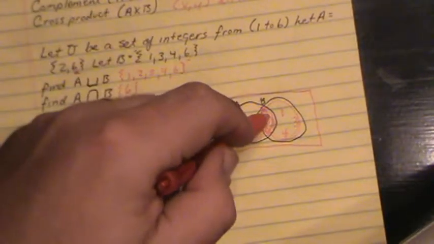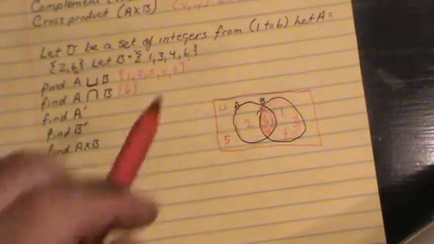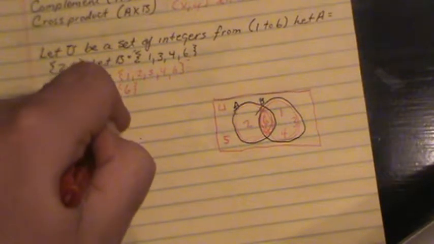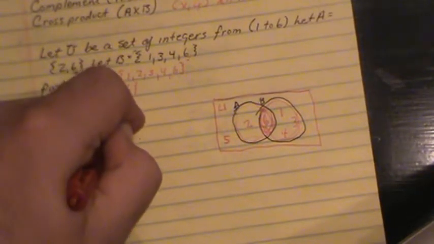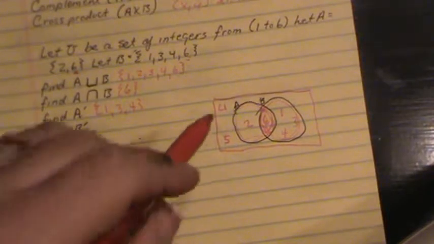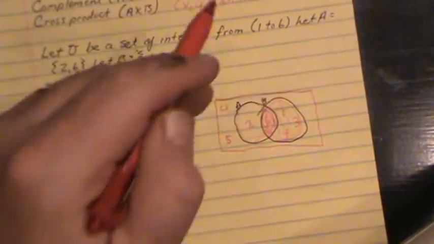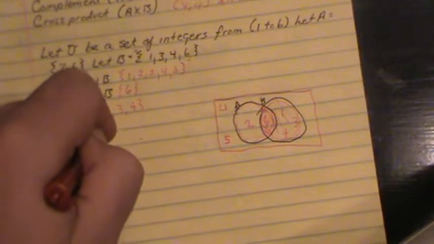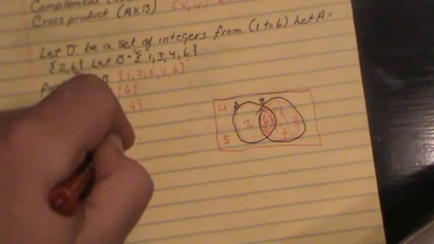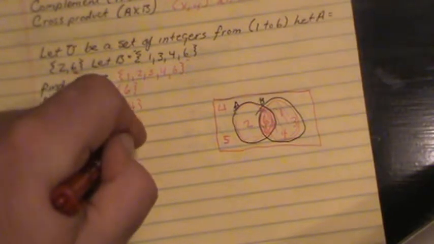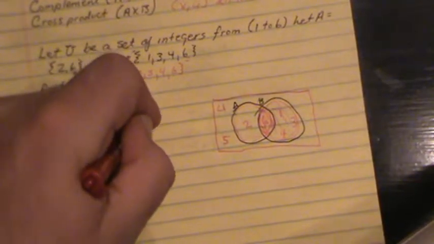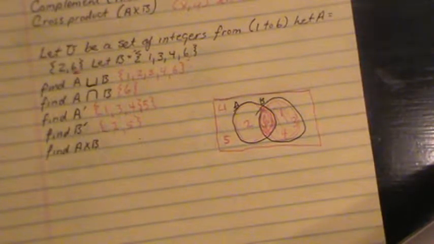Well, B has 1, 3, and 4. Not B, so we cancel all this out, so that leaves us 2 and 5. I'm sorry, I forgot the 5 up here too.